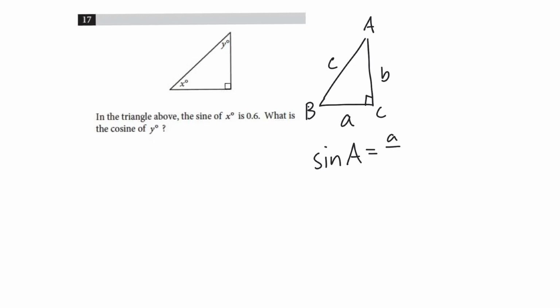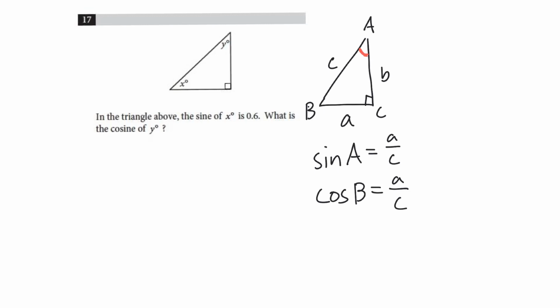That's A over C. The cosine of B is going to be adjacent over hypotenuse, which is A over C.